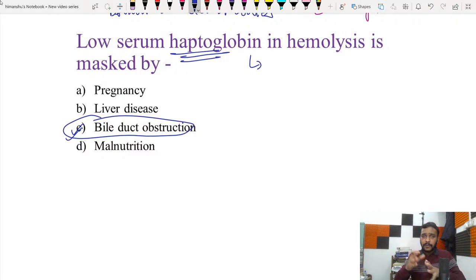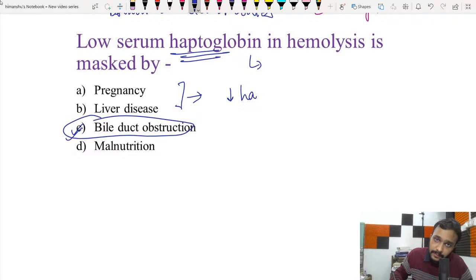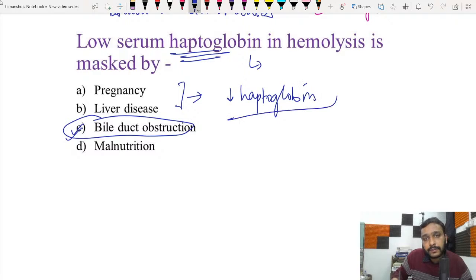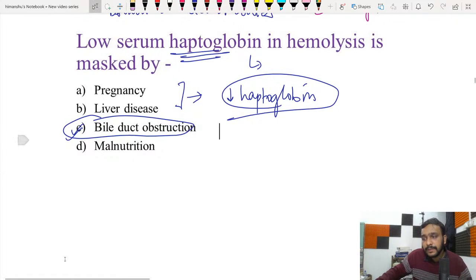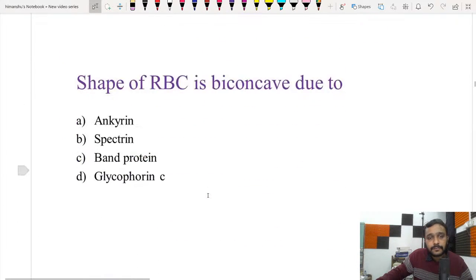If this complex is not excreted through bile, then even if it is low, it will appear increased, because it is not being excreted. Remember that in pregnancy and liver disease, haptoglobin will be decreased.